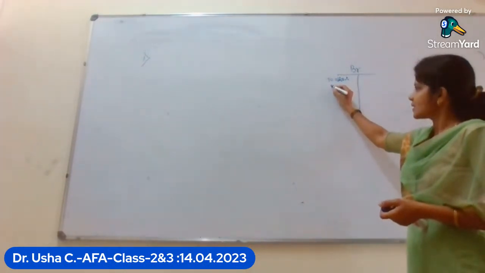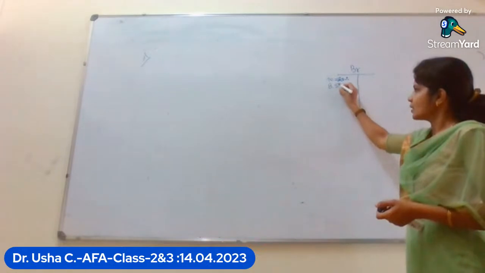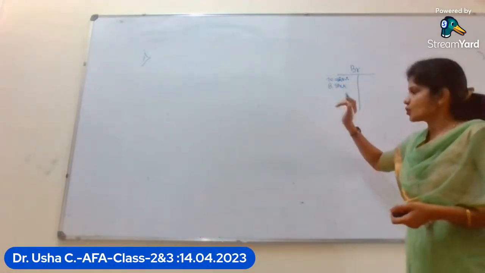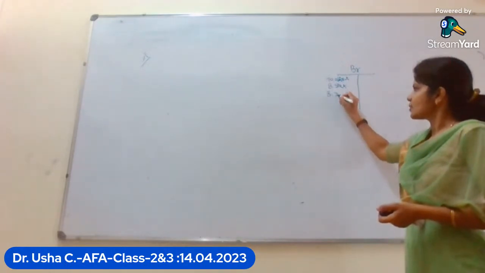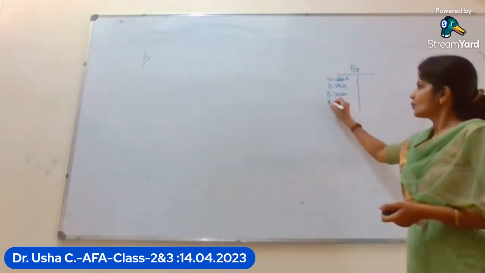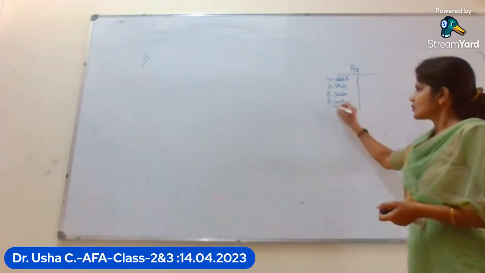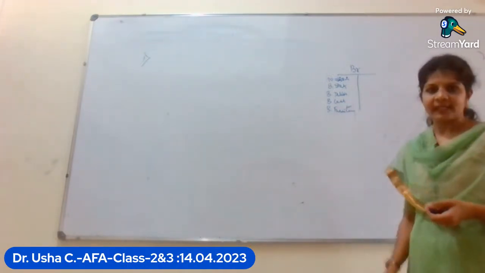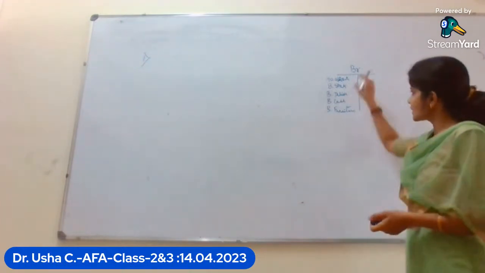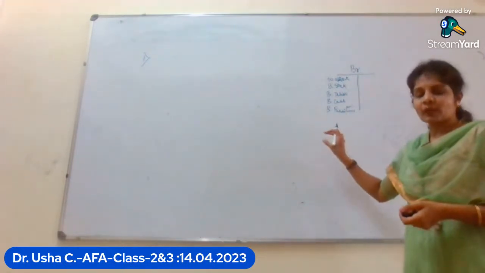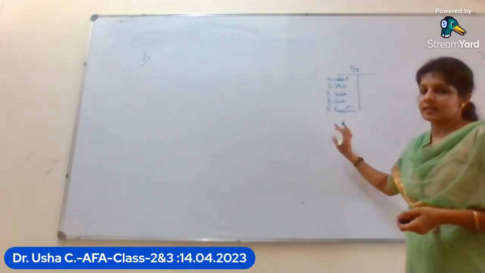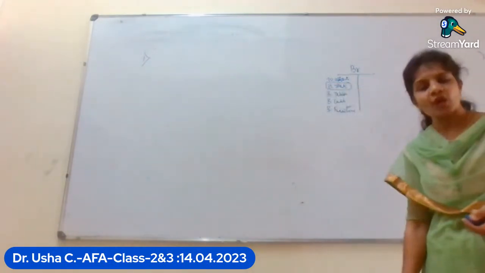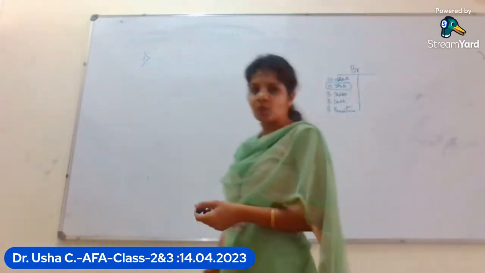Branch assets in the sense, if there is branch stock, we show this as to branch stock account, to branch debtors account, to branch cash account, to branch furniture account. Like this we record it. Correct. So when we are accounting the branch assets, which include stock, stock is nothing but goods.